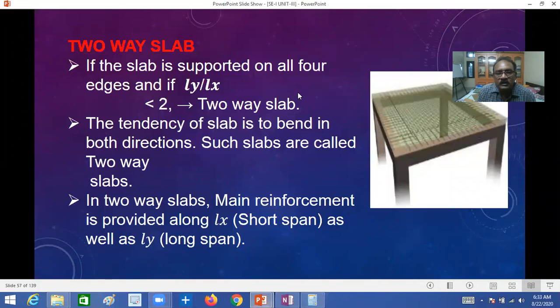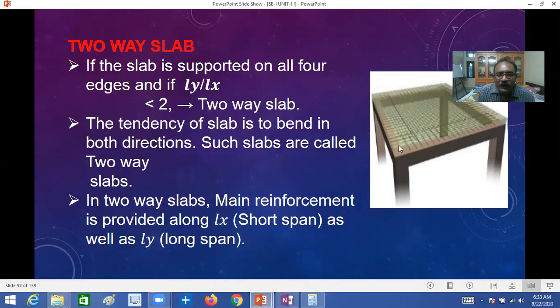You must remember, this is an important point. Whenever Ly by Lx is less than 2, that is a two-way slab, and the reinforcement is supported on four edges of the beam.